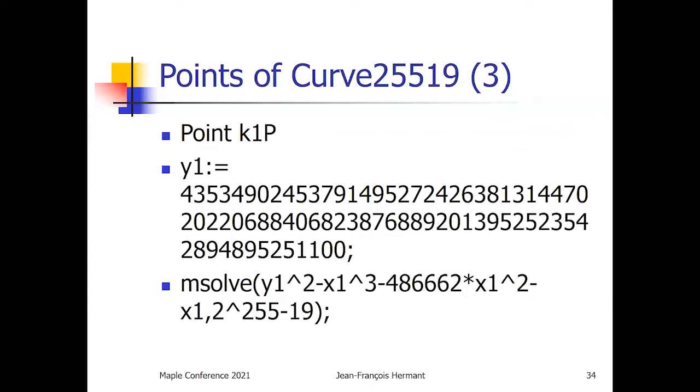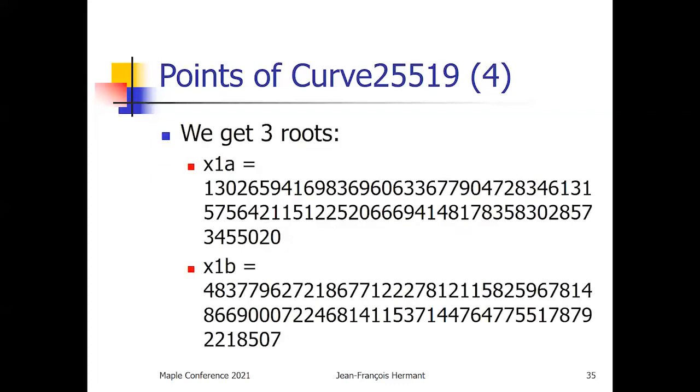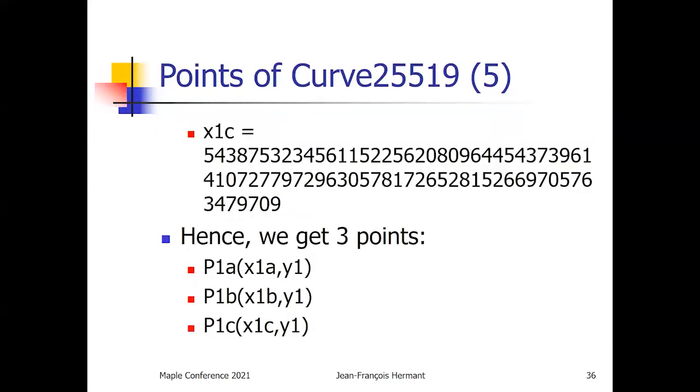So for the computation of point K1P, we know y1, and what we want to find is the value of x1. So we can issue this command in msolve, this equation modulo p, and we will get 3 roots, 3 solutions for x1: x1a, this value, x1b, this value, and x1c, this value.